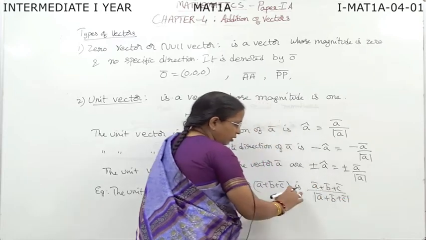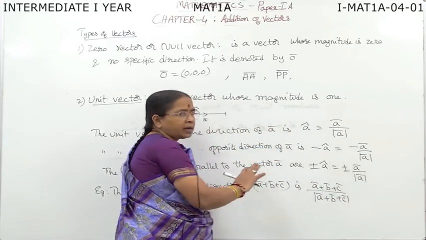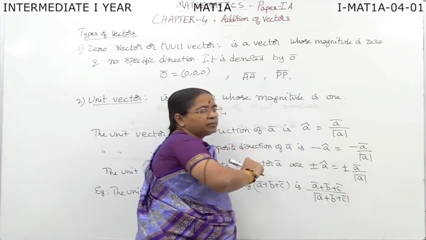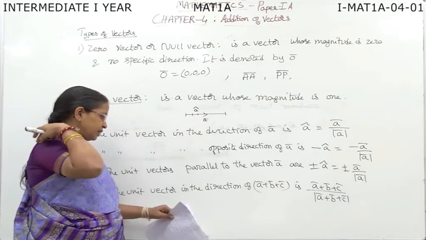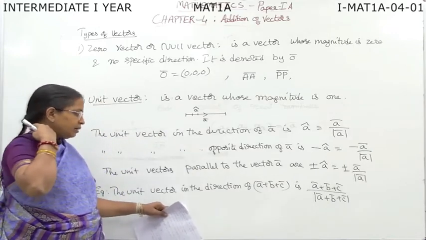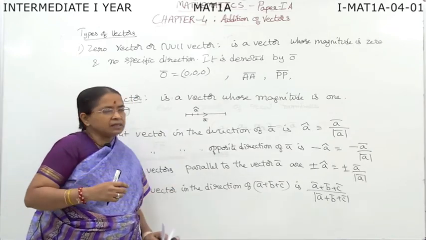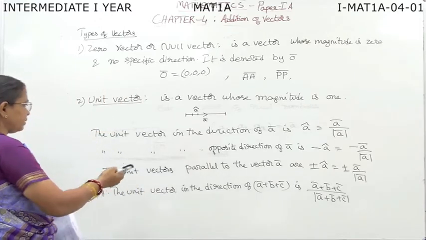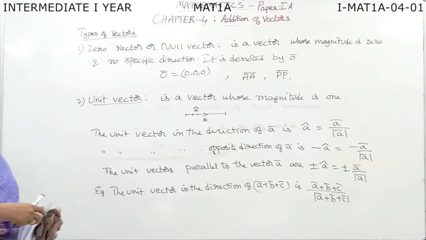Here we will not write a plus b plus c whole cap like that. Only for a single vector we write a cap is equal to a by mod a. But definition wise it is the same. So this is all about unit vector.